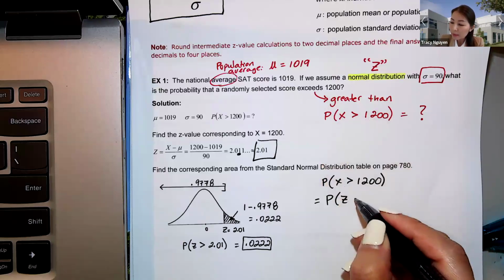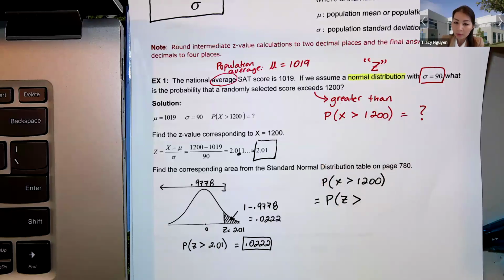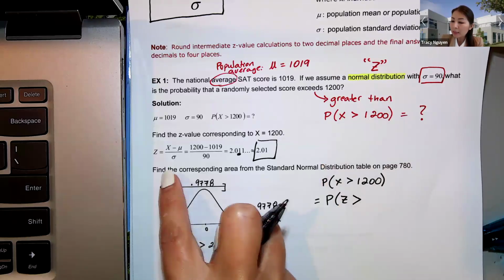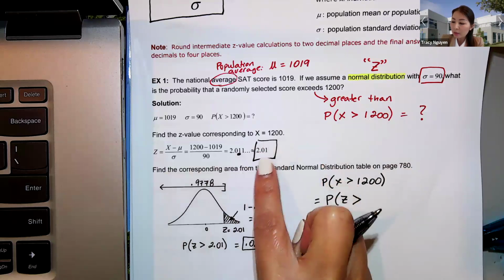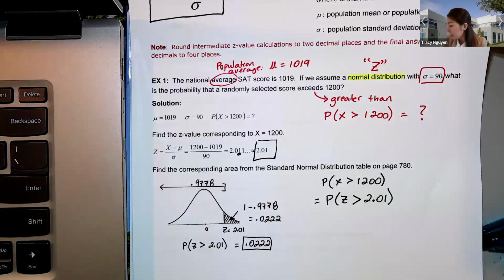Then when you translate it to z, you use the same inequality of greater than. Now x equal to 1,200 corresponds to z of 2.01. We already know how to find the solution for a problem like this. We sure did. We know how to find it from section 6.1.